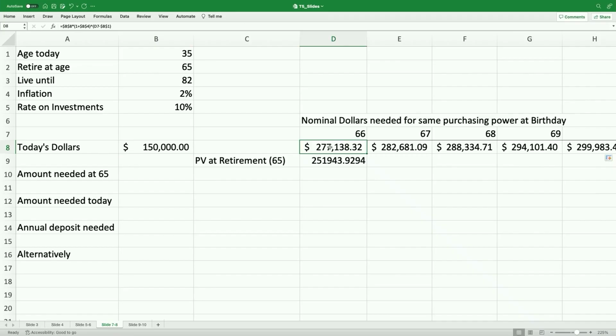Good. The second question says, given that nominal stream, how much do you need to have in the bank account at year 65 to produce this nominal stream? Well, that means we need to take each of these nominal amounts and discount by our nominal discount rate to get a value at year 65.